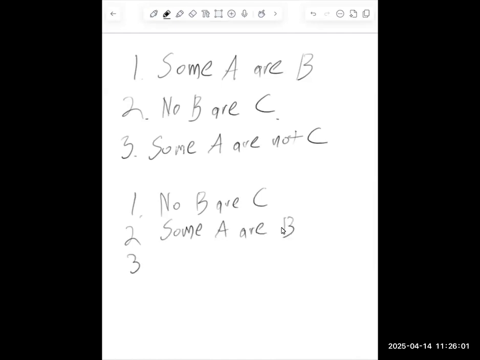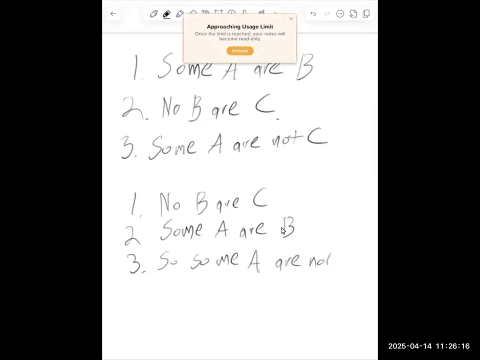But it will be way easier if you're doing a Venn diagram to draw it for the second version than it would the first. So if you're using Venn diagrams, you are going to make your life a lot easier if you put the universal statement first and any particular statements you have, whether negative or affirmative, second. That'll make it a lot easier to draw the Venn diagram, right?